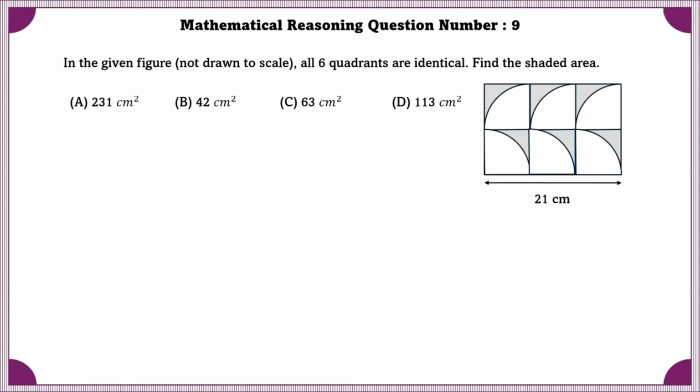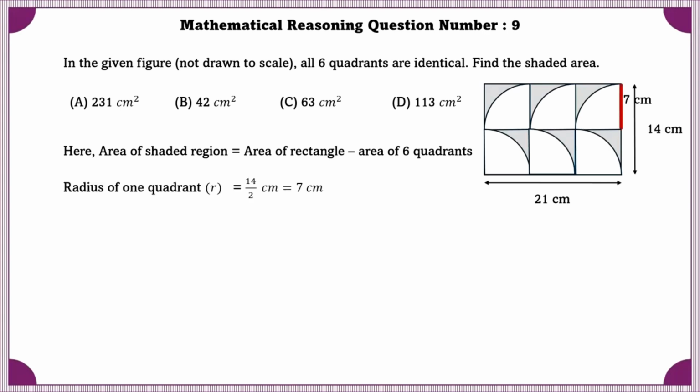Mathematical reasoning question number 9. In the given figure, all 6 quadrants are identical. Find the shaded area. Here, the area of the shaded region is equal to the area of the rectangle minus the area of 6 quadrants. The radius of one quadrant is equal to 7 centimeter. Then the area of one quadrant is equal to 1 by 4 into pi into r square, which is equal to 77 by 2 centimeter square.